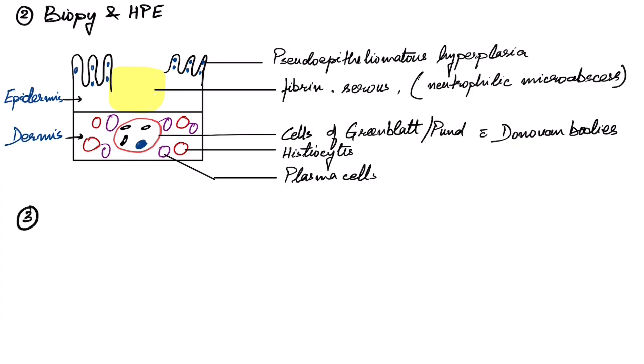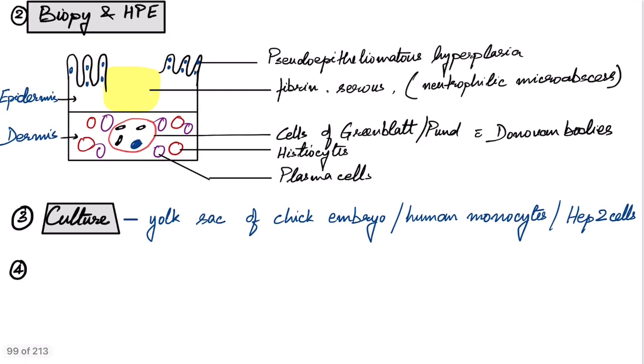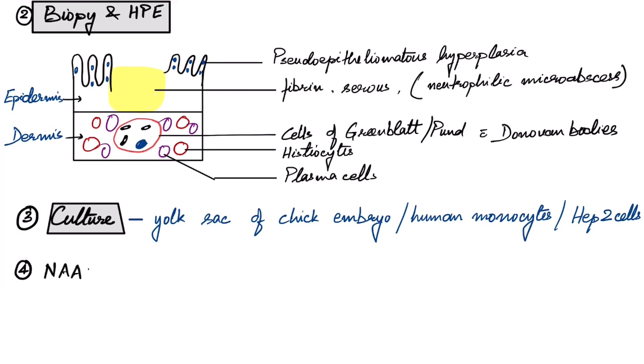The third is the culture. Culturing this bacteria is difficult in artificial media, so it needs yolk sac of chick embryo or human monocytes or HEp cells. Fourth is nucleic acid amplification test, which contains the PCR.